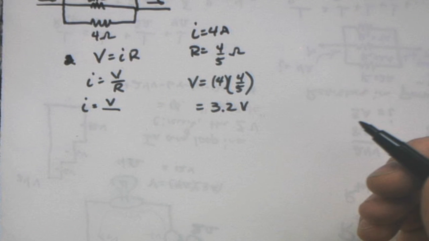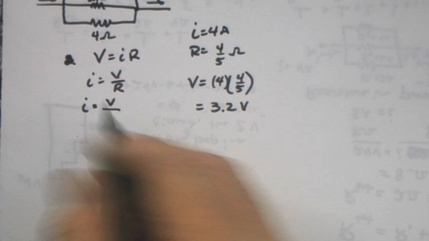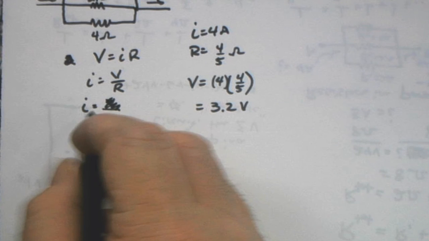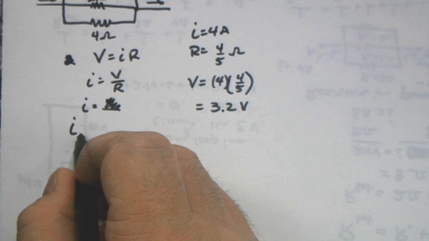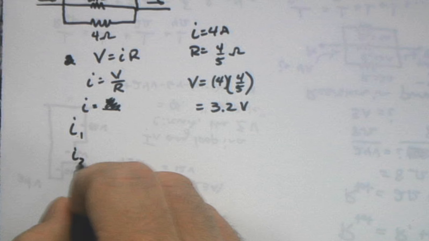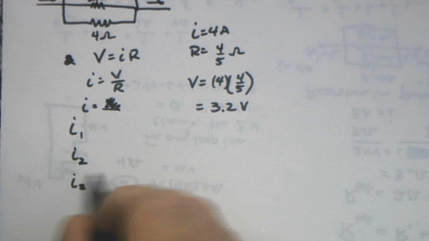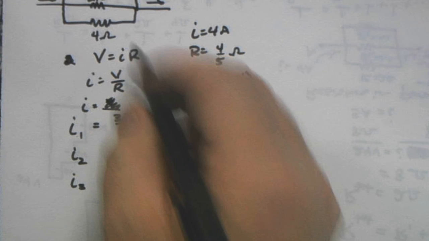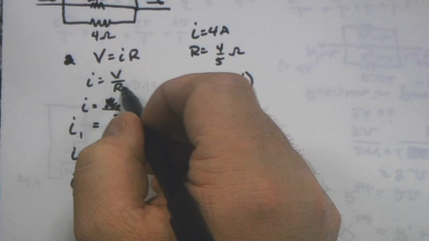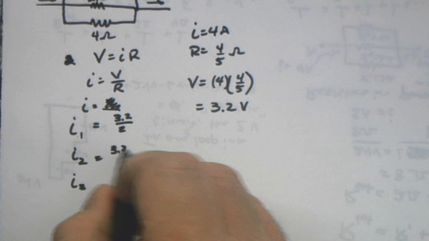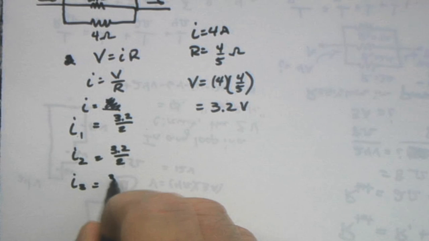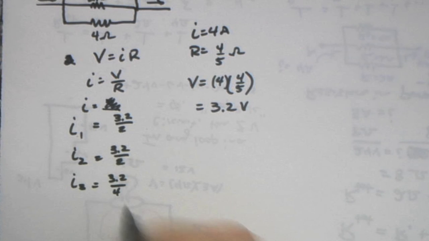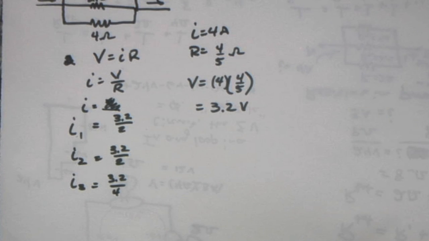So each one of these is going to get, so the current through resistor 1, resistor 2, and resistor 3 is going to equal 3.2 over 2, voltage over resistance, 3.2 over 2 and 3.2 over 4, because it's voltage divided by resistance.